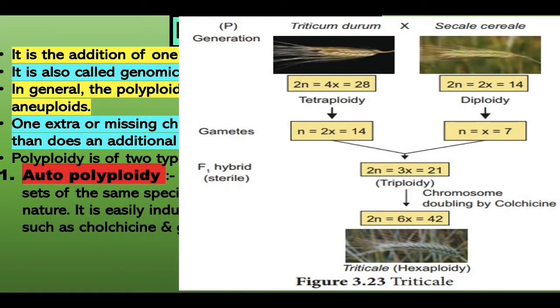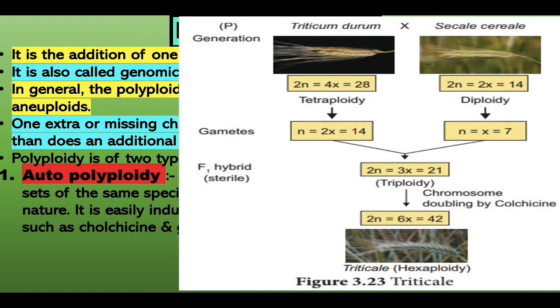Here you can see an example, that is triticale. How does it form? Triticum durum is in the tetraploid condition, and rye, Secale cereale, is in the diploid condition. Then the gametes form, with 14 chromosomes in the case of Triticum and 7 in the case of rye, because gametes have half the number of chromosomes.